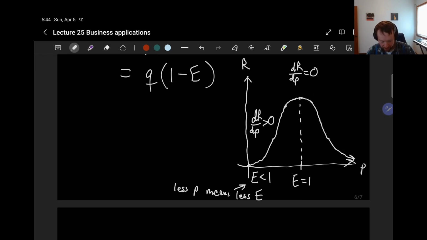We hit our high point, our maximum, in the middle when E is 1. And then the derivative will be negative on the other side, and that is when we are elastic, when E is greater than 1. If E is like 2 or something, then we'll see here this is negative.